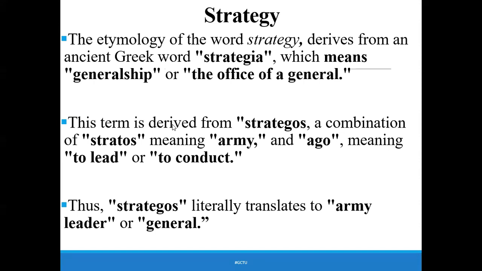And that is why the use of the term has now expanded beyond the military context to encompass planning and decisions in various fields, ranging from the service sector, business, to politics, and to all personal endeavors.